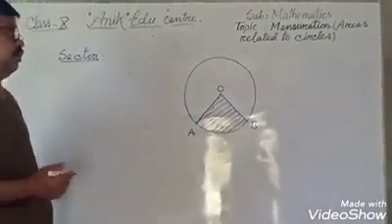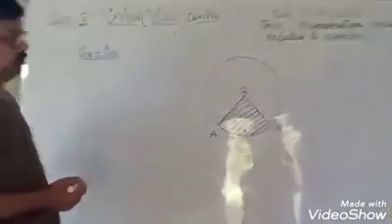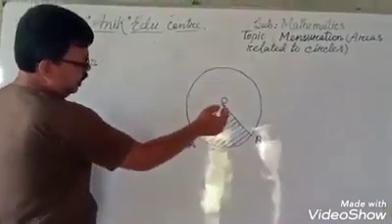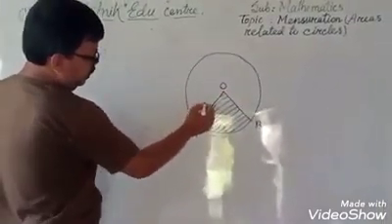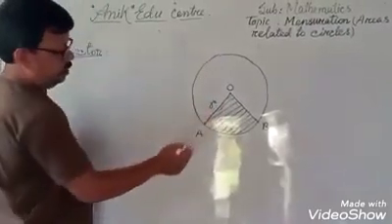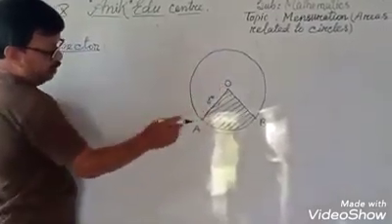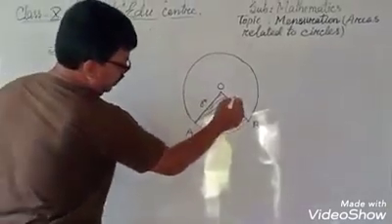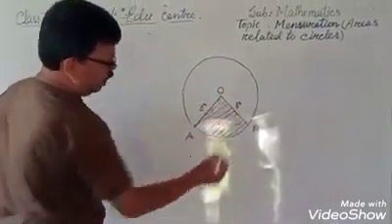Now we want to find its perimeter. As you know, the radius of the circle is generally denoted by small r. So OA is r and OB is again r.